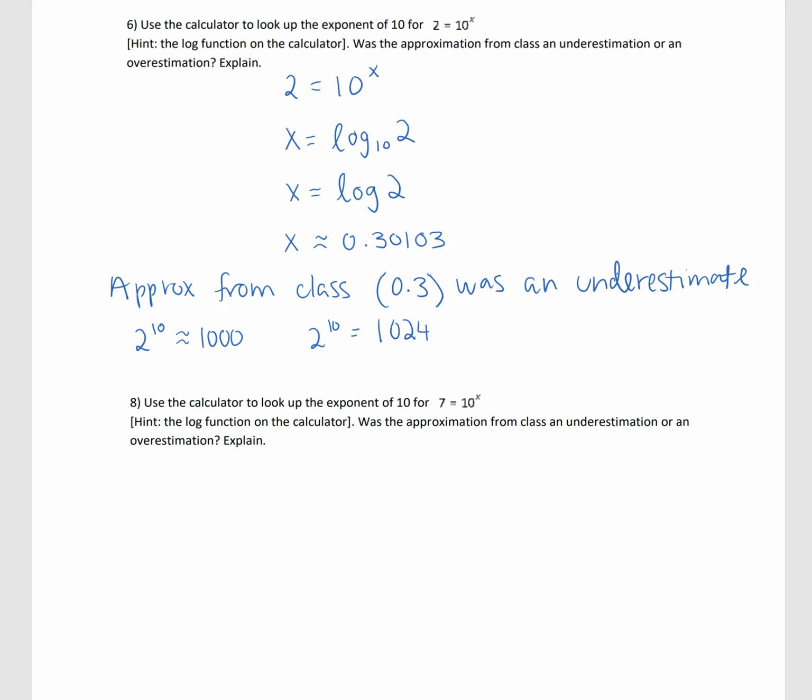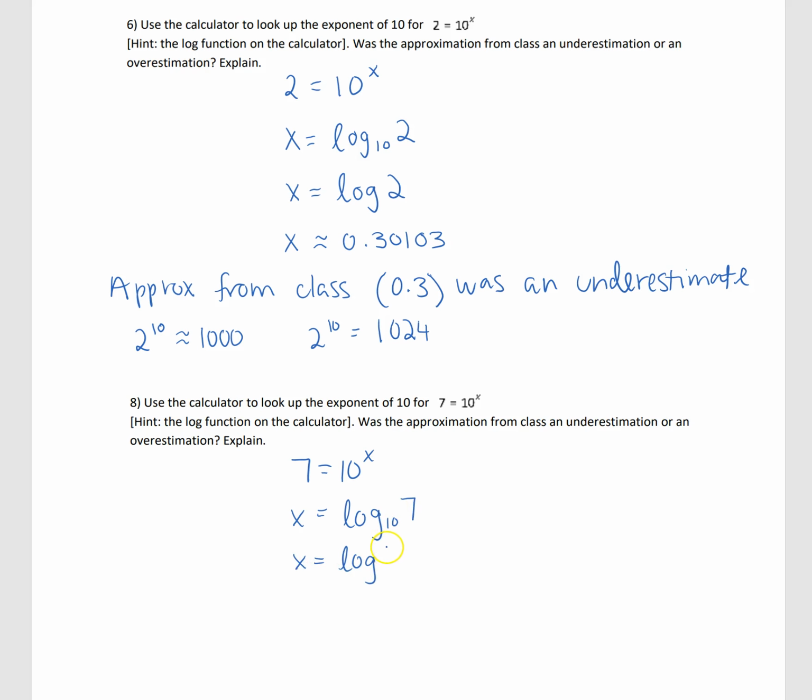Okay, and so similarly in question 8, now we're asked to find the exponent of 10 for 7 equals 10 to the power of x. So 7 equals 10 to the power of x equals log base 10 of 7.